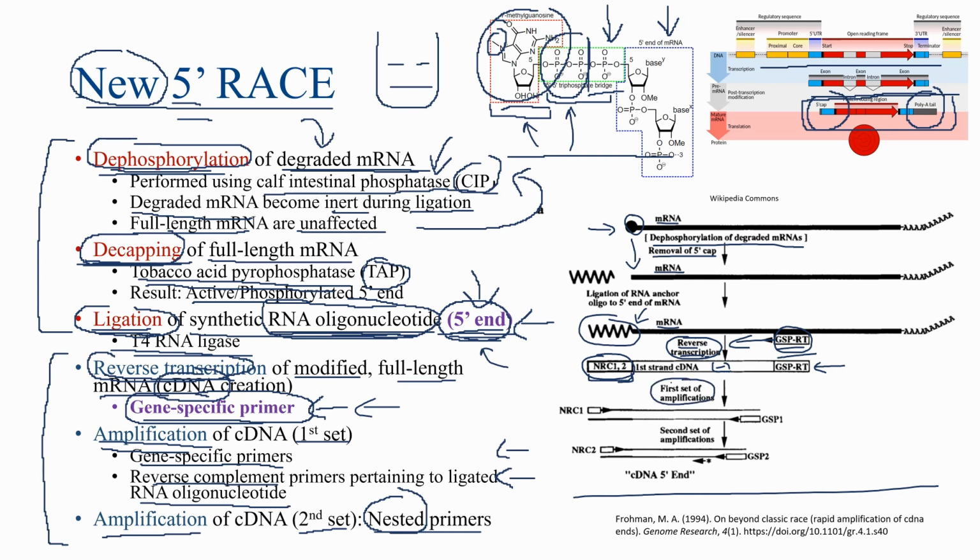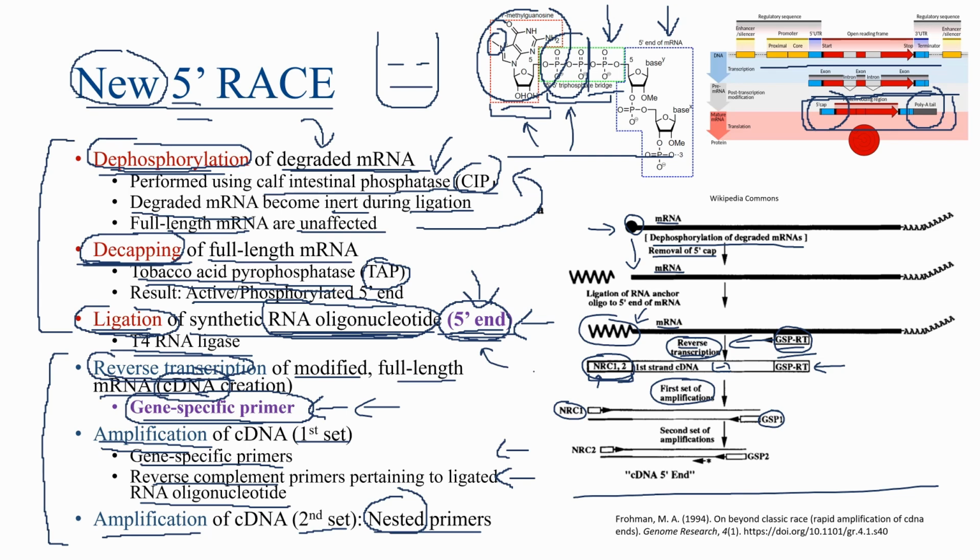So in the first set of amplification, you will utilize 2 primers. You'll utilize a gene-specific primer, which we'll call the GSP1, and you will utilize another primer called the NRC1, which is reverse complementary to the NRC1 sequence in your reverse transcribed RNA oligonucleotide.